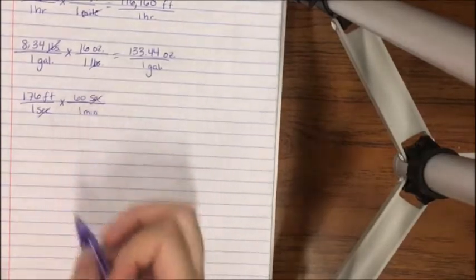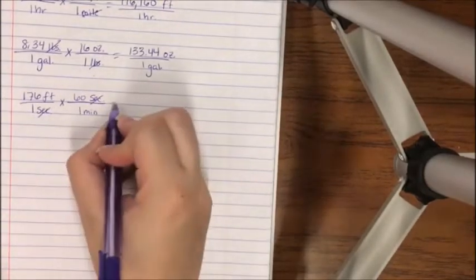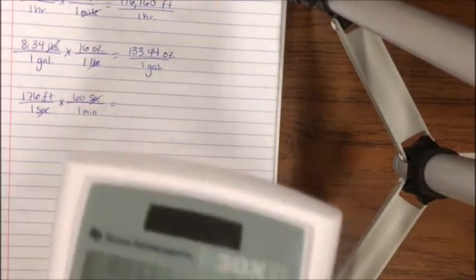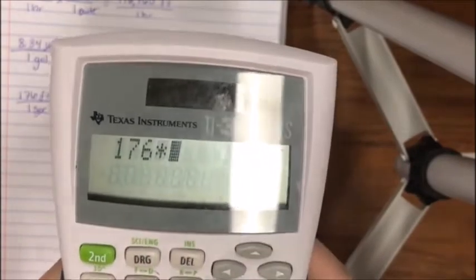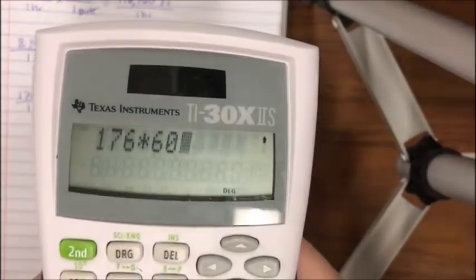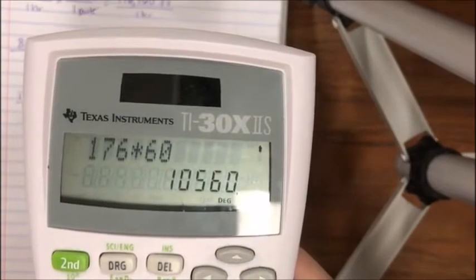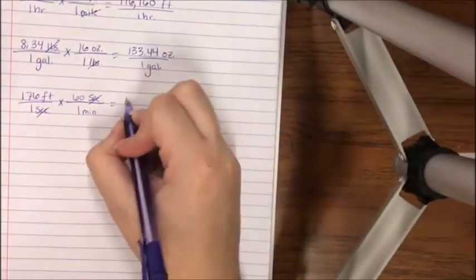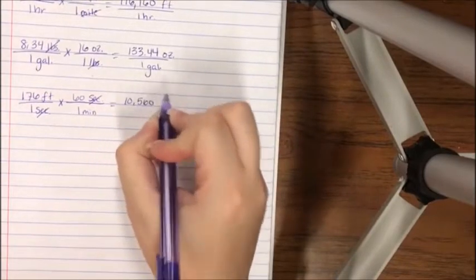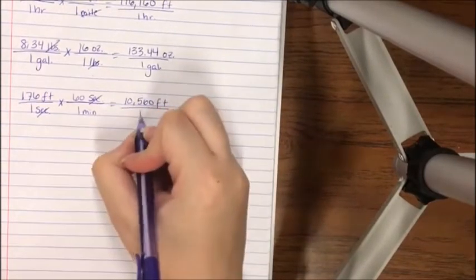My seconds cancel each other out and I multiply straight across. So now I have 176 times 60, okay, and I get 10,560, and that's feet per minute.